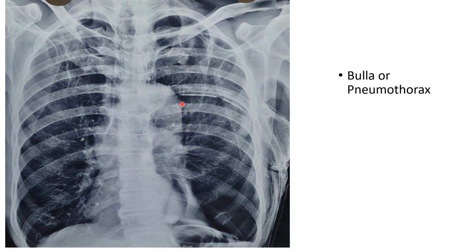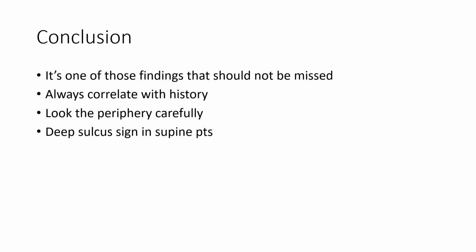In this x-ray they have put an ICD here, so likely it was a pneumothorax. This ICD is visible here, but whenever you encounter something localized, something round like this, always keep in mind that a bulla can also mimic a pneumothorax. So conclusion, pneumothorax is one of those findings that should not be missed in an x-ray.